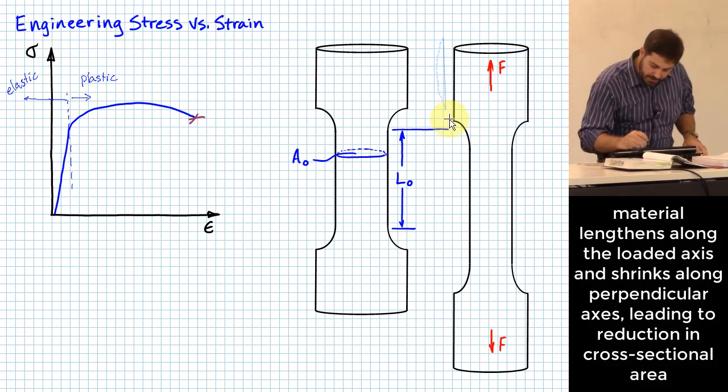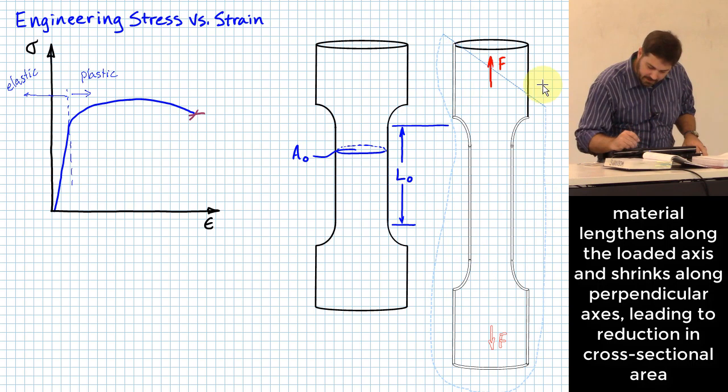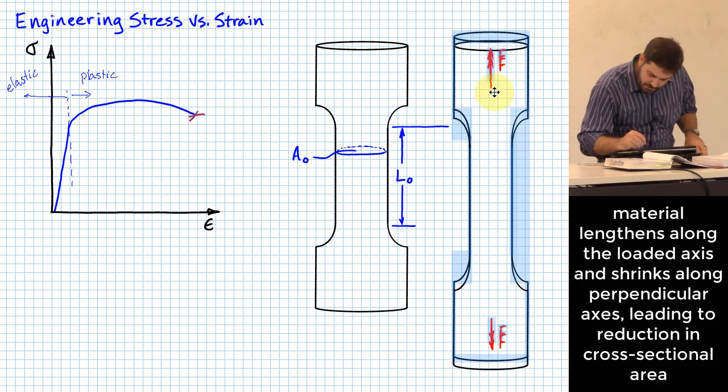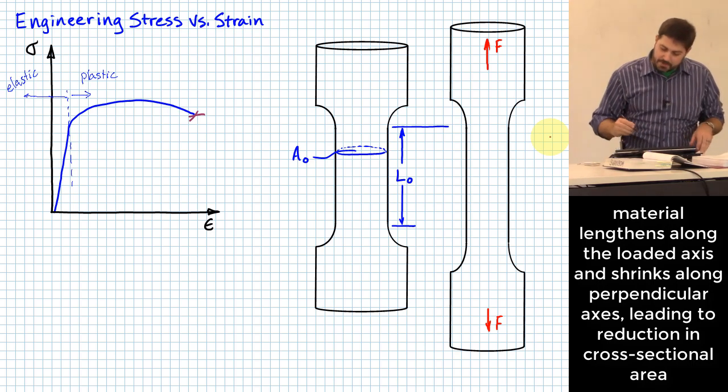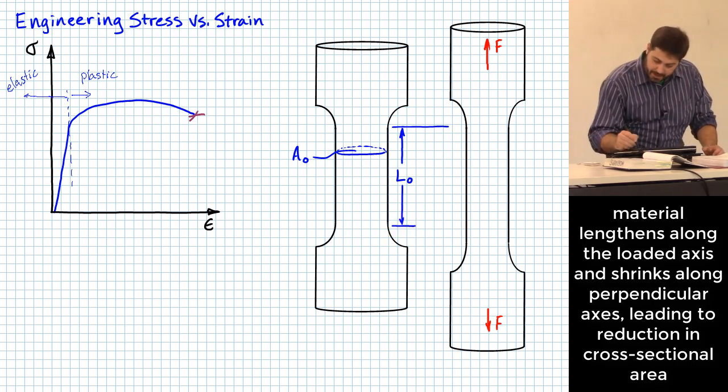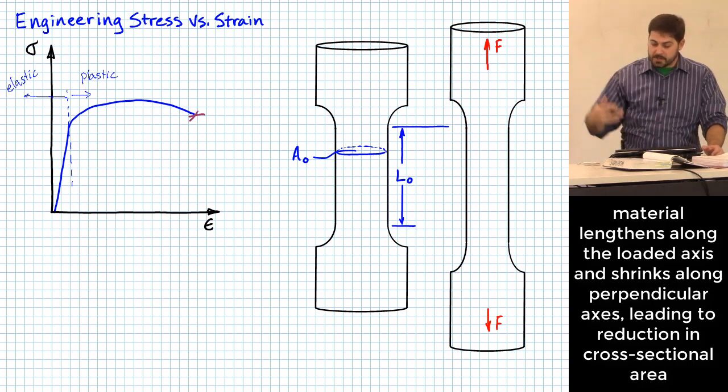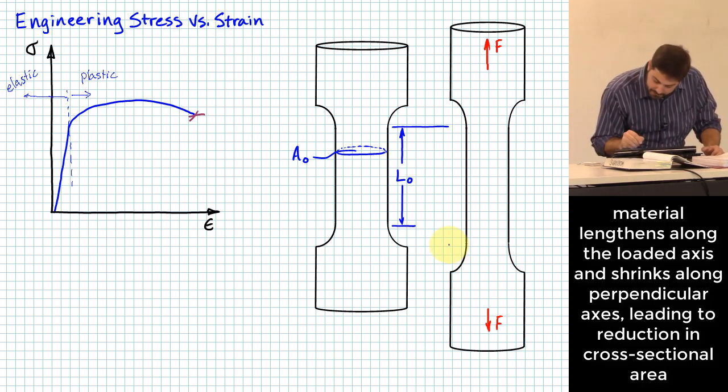So let me take this thing and line it up now that I've got it stretched a little bit, and let's actually put some parameters on here. We'll say we started with an initial length of L0. As a result of loading this thing, it's going to go to a new length in this gauge portion of the material.